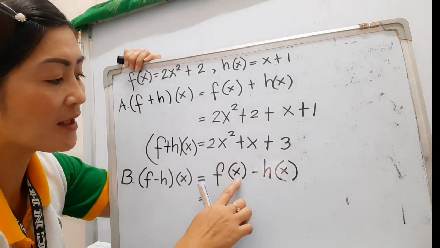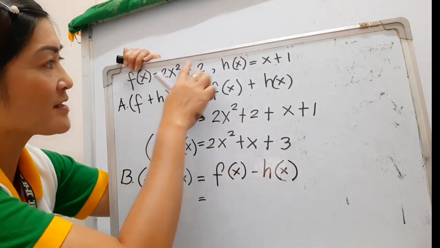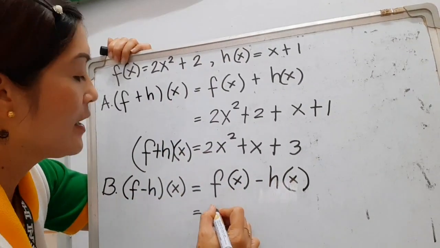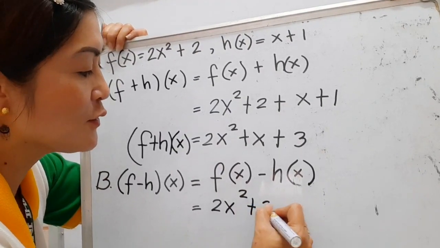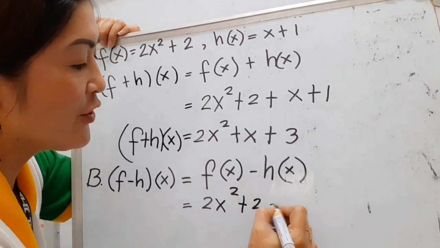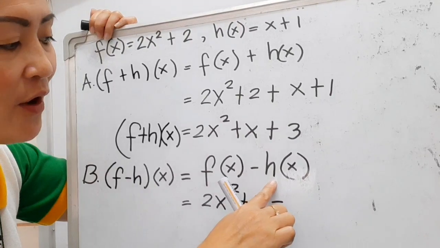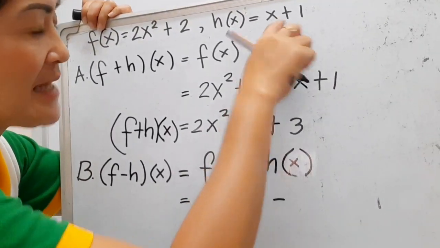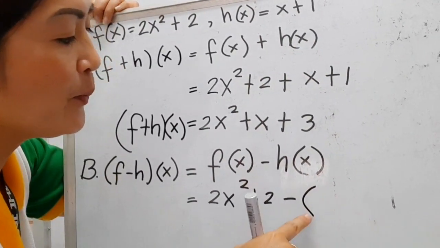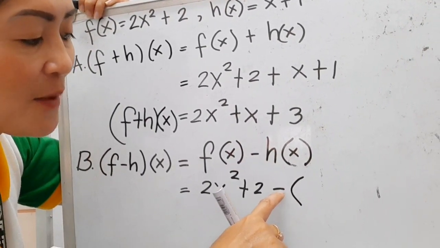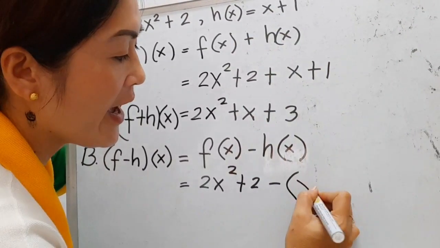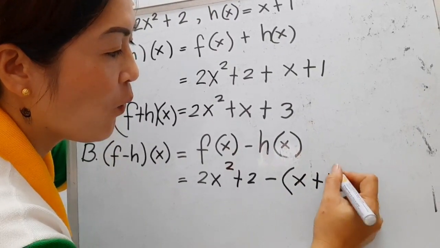Now, substituting the value of f of x by 2x squared plus 2, again, 2x squared plus 2 minus the value of our h of x, which is x plus 1. We will put that inside the parentheses since our operation here is subtraction. So we have x plus 1.